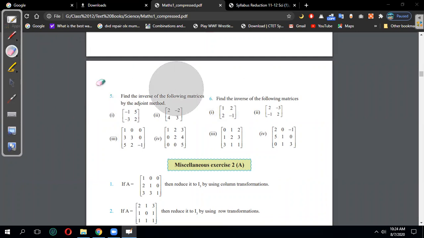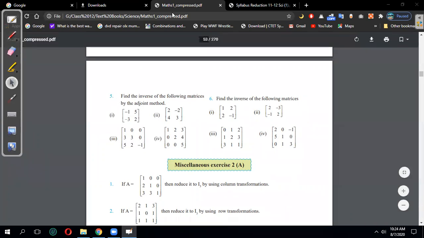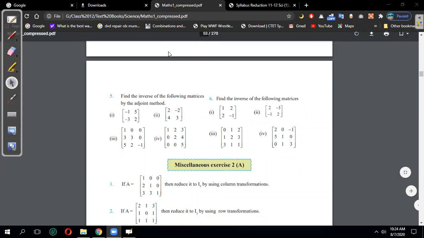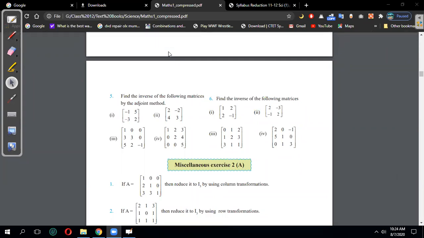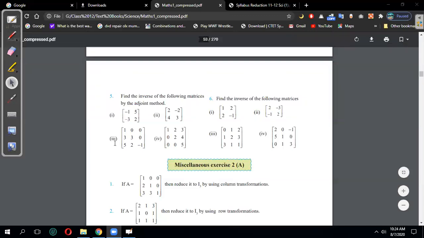Everybody done that? Yes, sir. Only Musab is replying. What about Kaz, Amar Ansari, Mohammad Talib, Samad? Have you guys ticked or eliminated that part in your textbook? Question number 5 and 6.